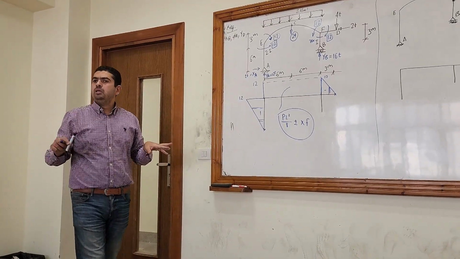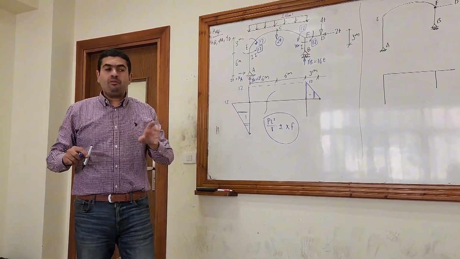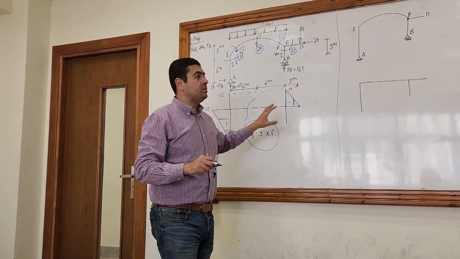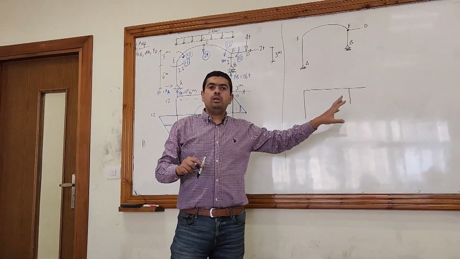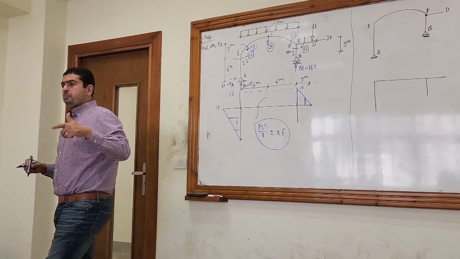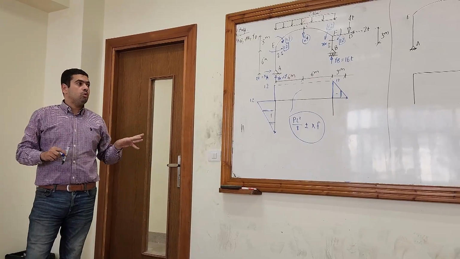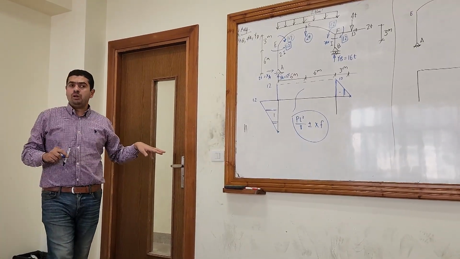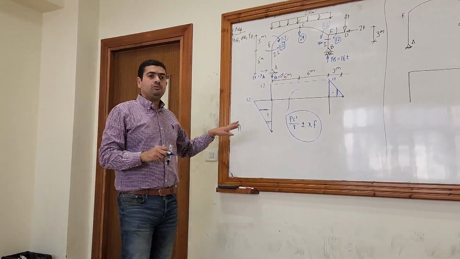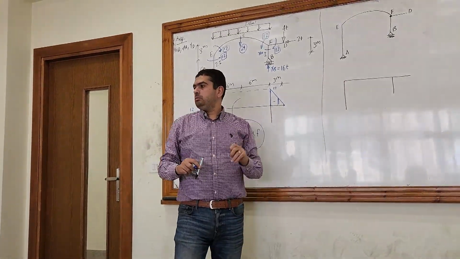How will I do the integration of a parabola with a parabola? The two rules I got so far are a linear with a parabola and a linear with linear. So I have to learn now how I will do the integration of a parabola with another parabola. Okay?